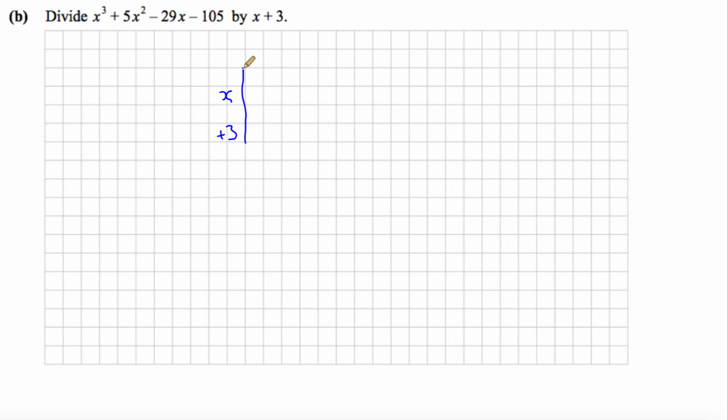And we know to get a cubic expression, which we have here, if we're dividing a cubic by a linear, we're going to get a quadratic on top. So we know then that there's going to be 3 potential terms on top, up here.